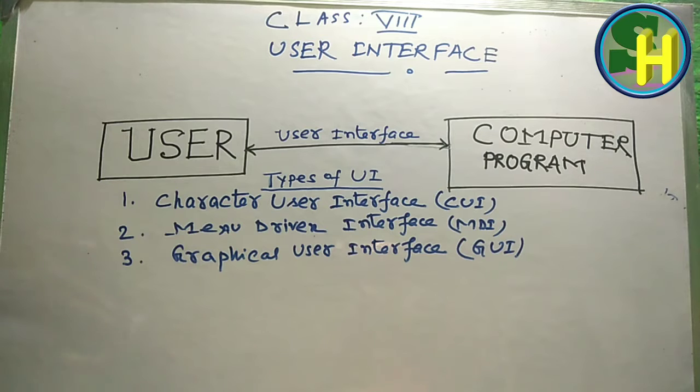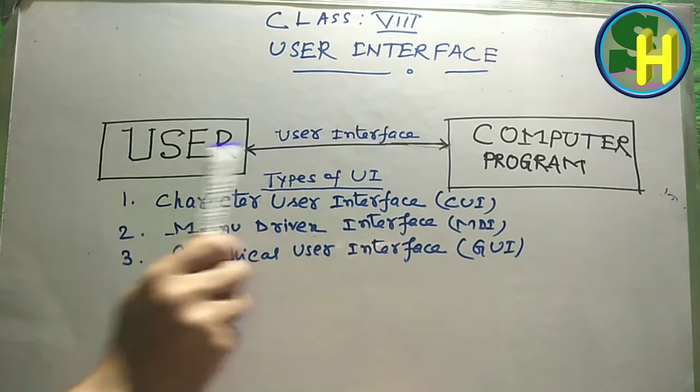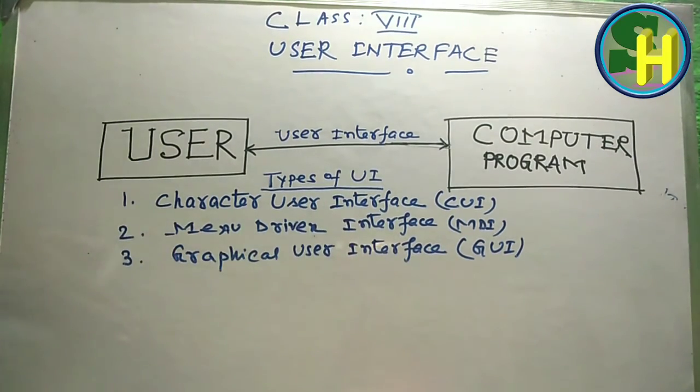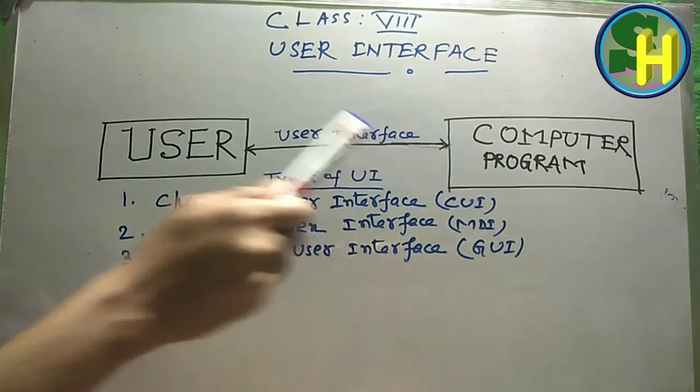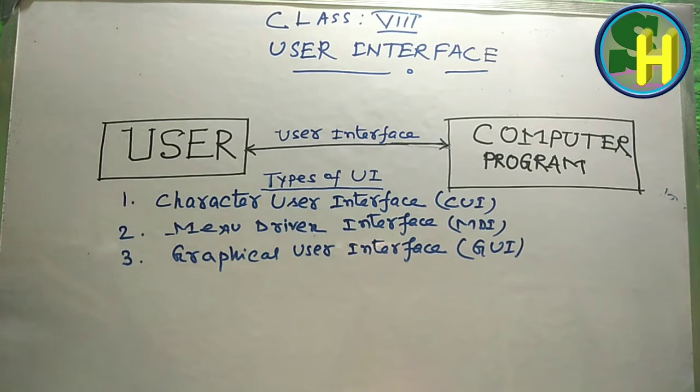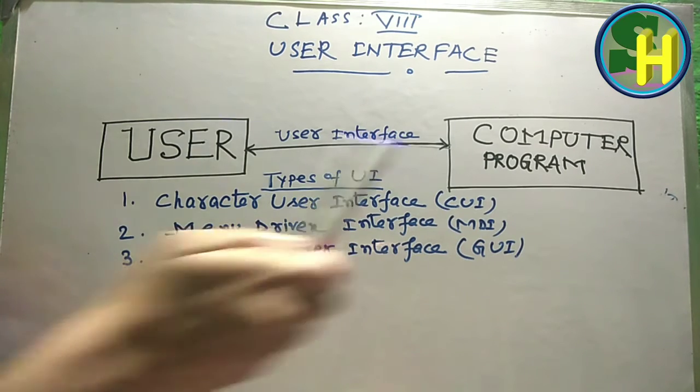It may be some icons, commands, or menus to communicate between the user and the computer program. When the user gives inputs, they are processed with the help of the user interface, and we get the output through the program.